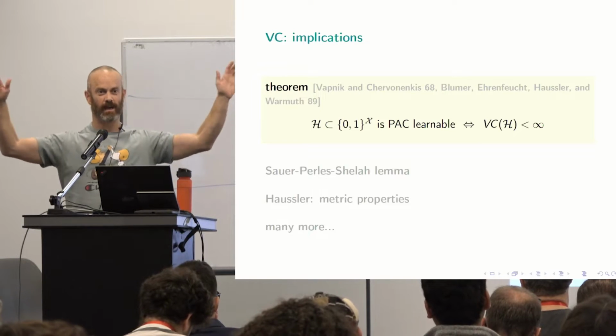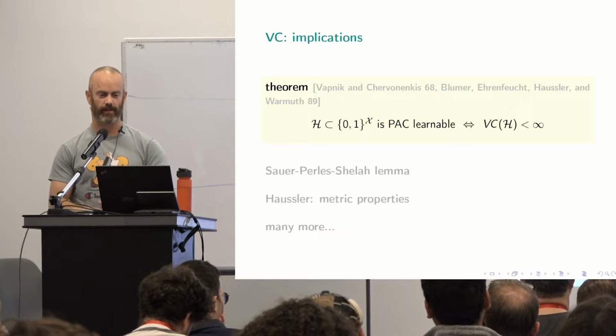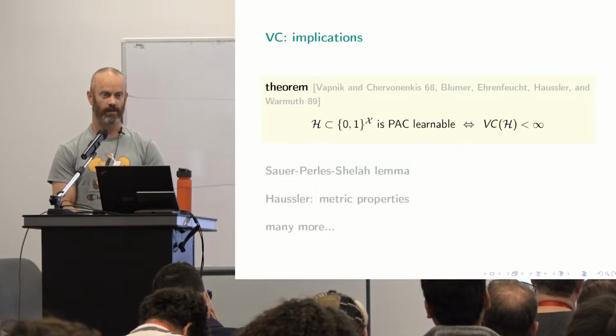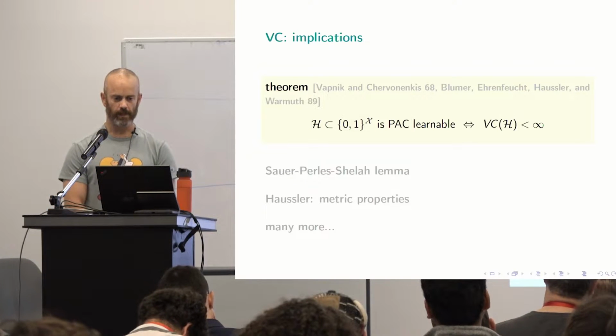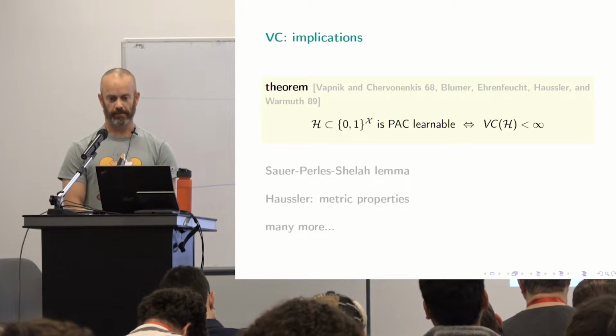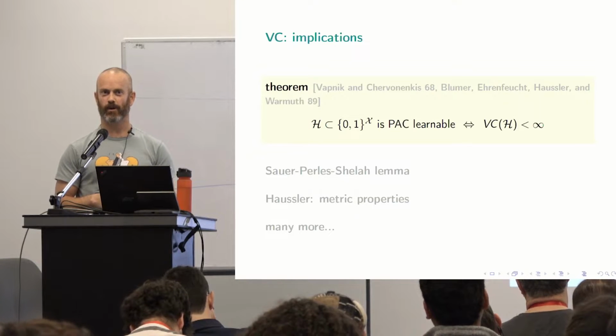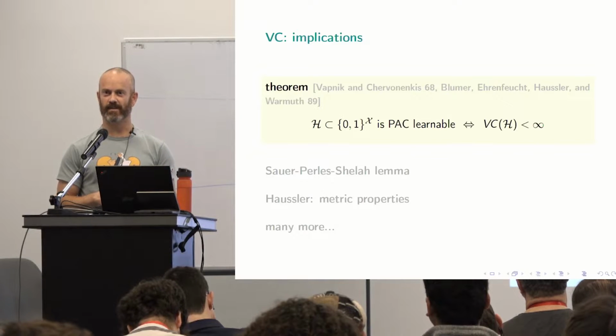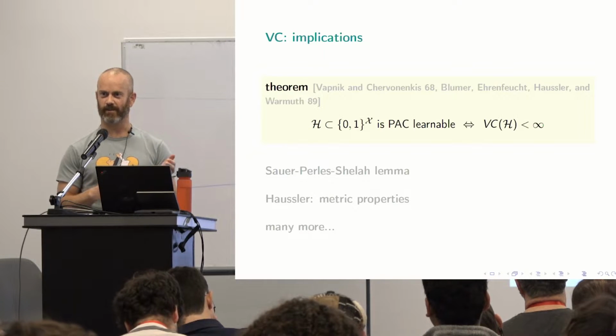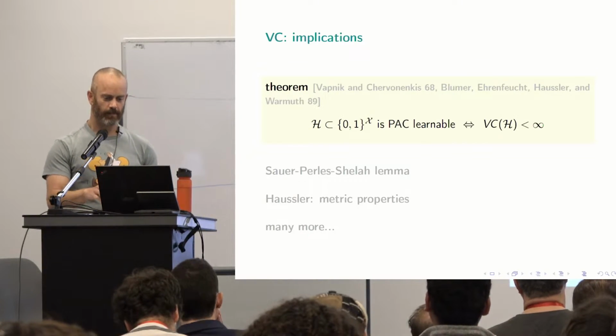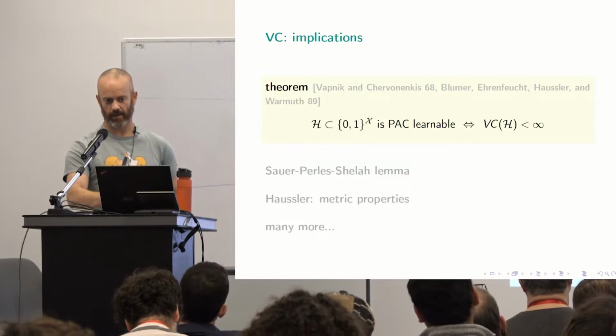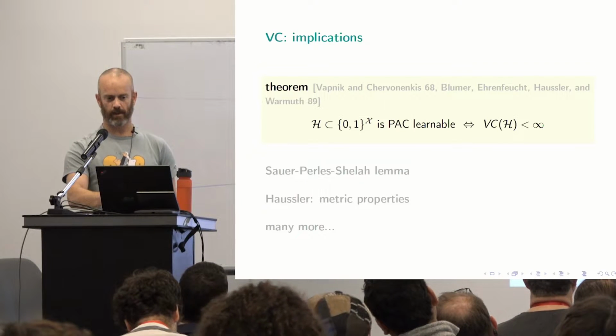I just want to keep it high level here. But this theorem is more informative than what I wrote. Sometimes people call it the fundamental theorem of statistical learning theory, or some version of these words. So this is a basic theorem about learnability.